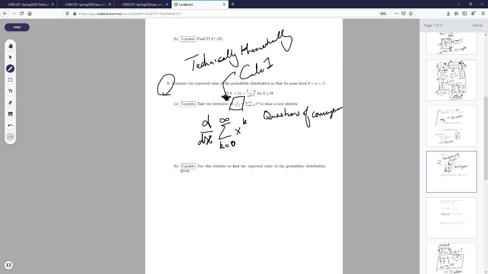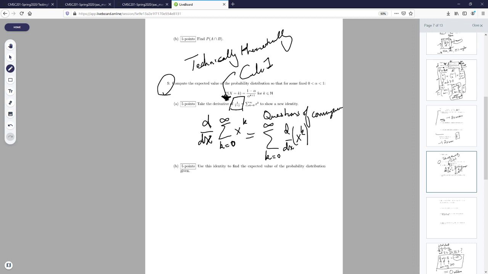Actually, I think the derivative doesn't exist at the same points, but anyway, you don't have to worry about that. So you can just say that this is equal to the sum of the derivative.